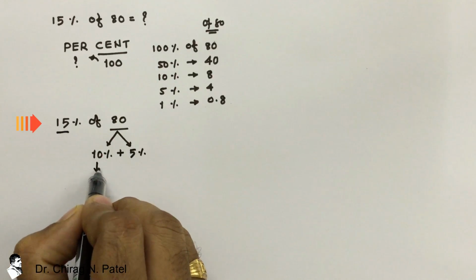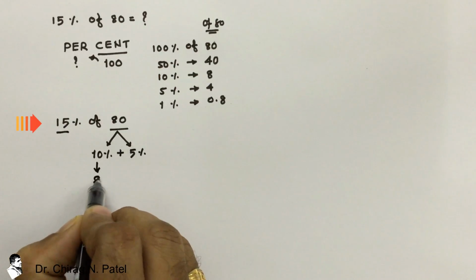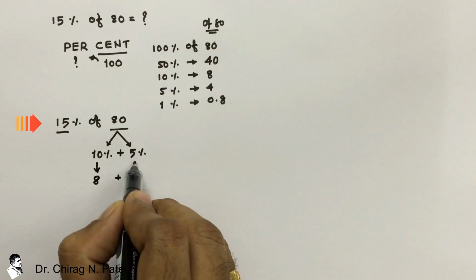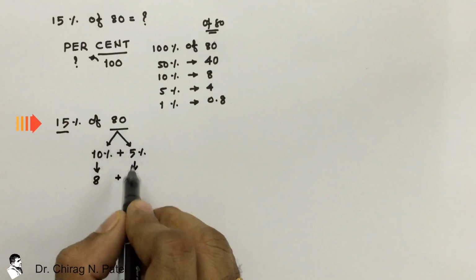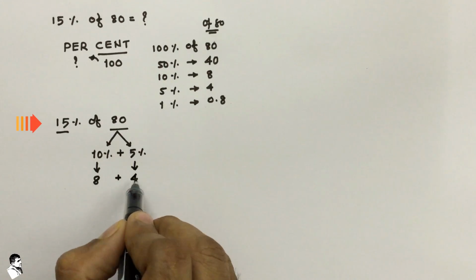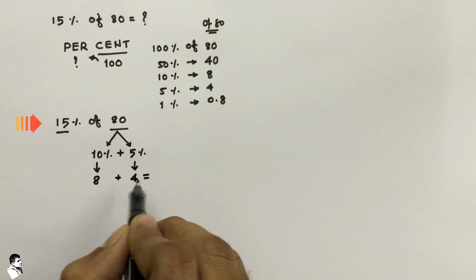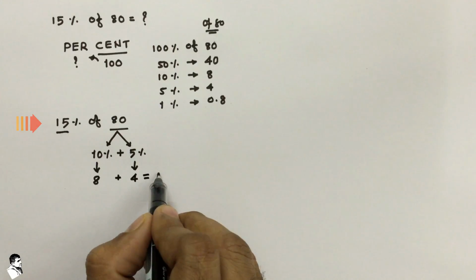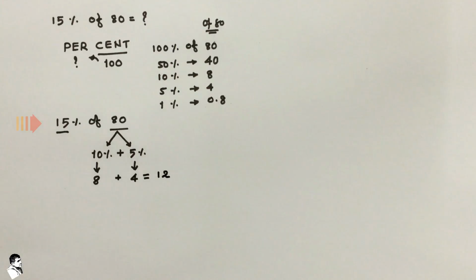So 10% of 80 equals 8, and 5% of 80 is half of this 10%, so that is 4. So the answer is the summation of these two values, that is 12. So in this way you can calculate any percentage of any value.